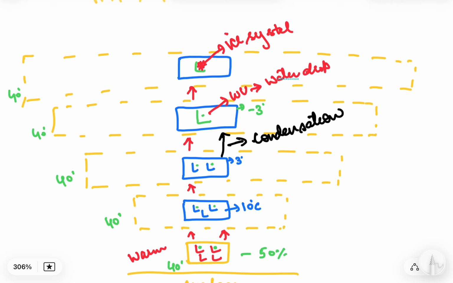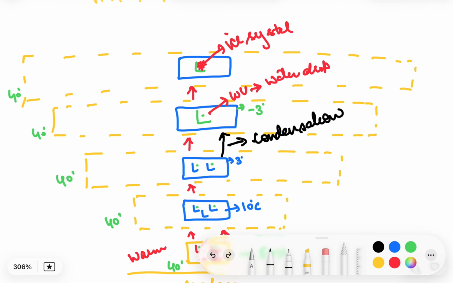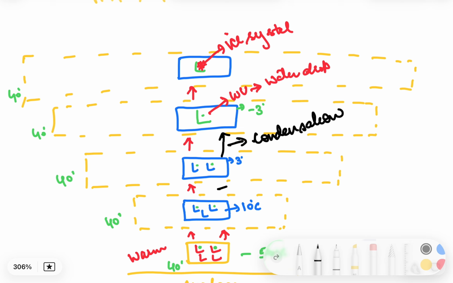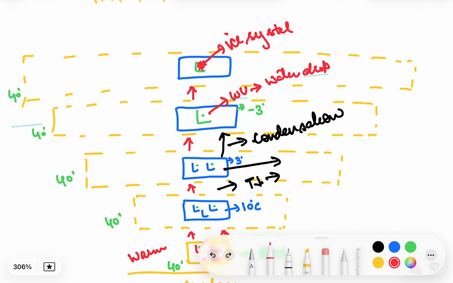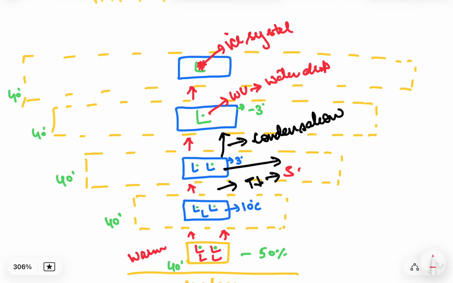Now at that point, temperature is reduced and the water will be saturated. Here we have the saturation. That is the 100% capacity to hold the water vapor.